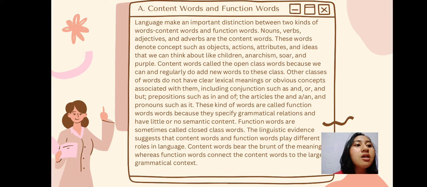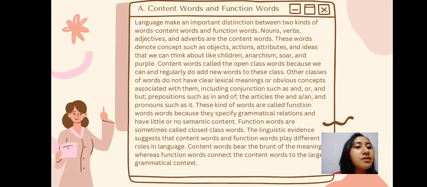Other classes of words do not have clear lexical meanings or obvious concepts associated with them, including conjunctions such as and, or, but; prepositions such as in and of; the articles the and a; and pronouns such as it.